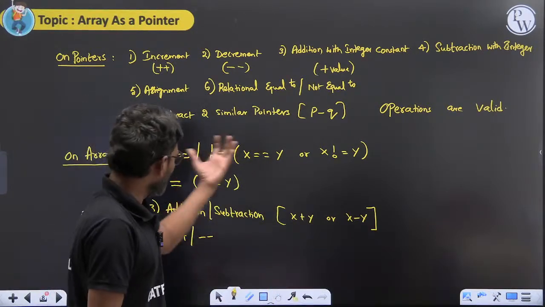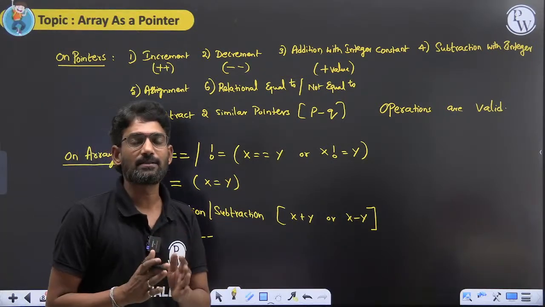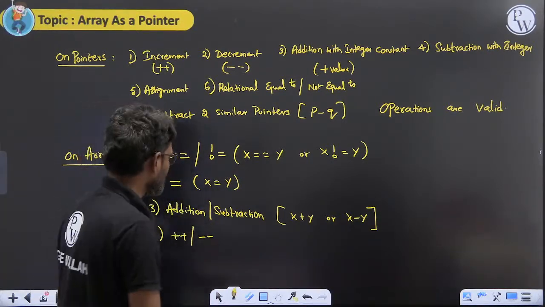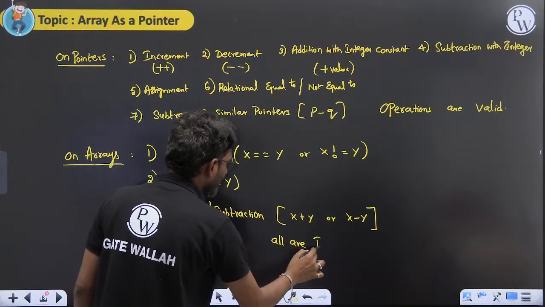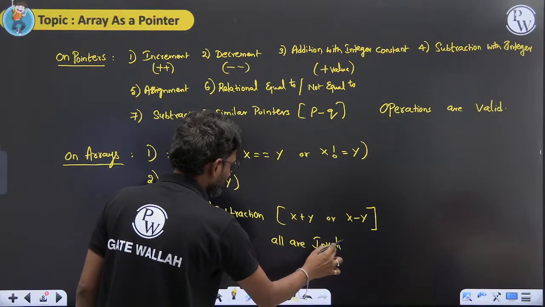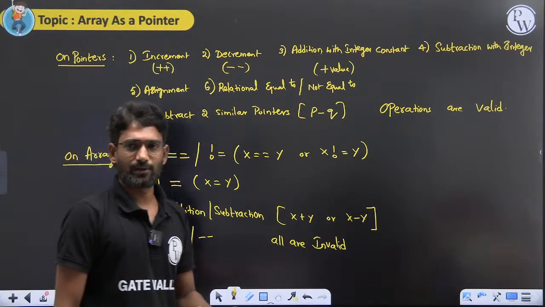But you know why all we are not able to do all these? Because array is a constant. So these are all invalid operations.